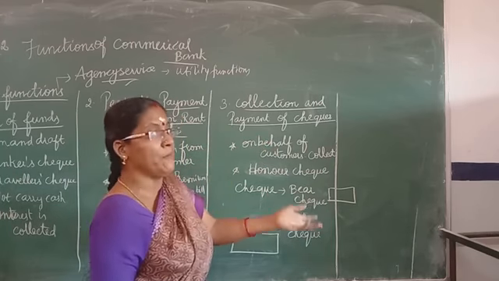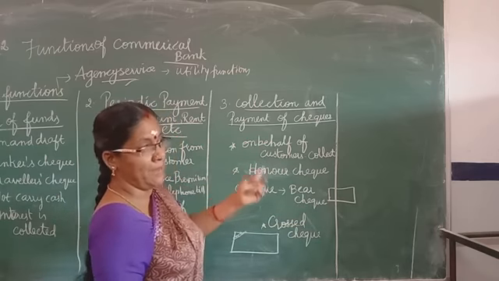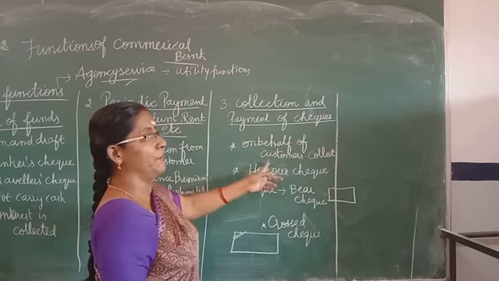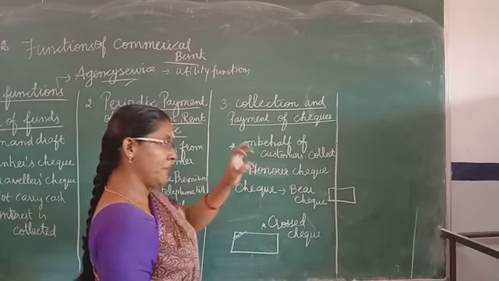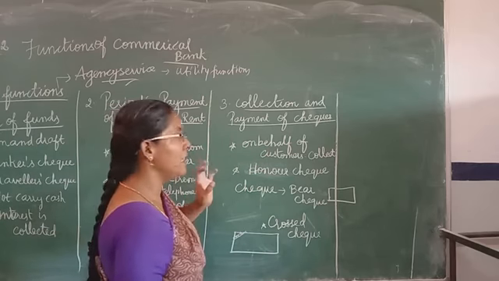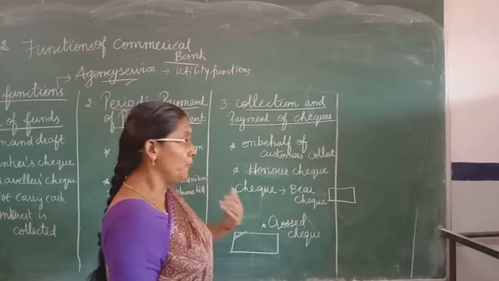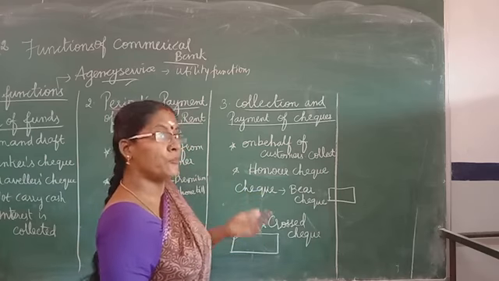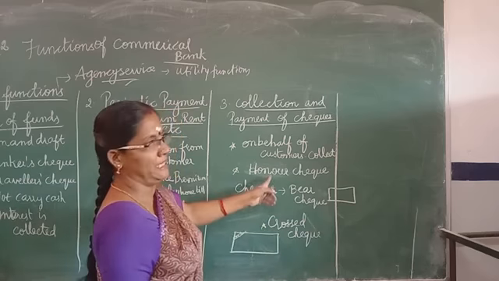If anybody wants to give money to us, we can give the instruction to the bank to collect directly from that particular person. So the bank will directly collect the money from the customer. Also, when any customer presents a check in our account, it will be honored by the bank.